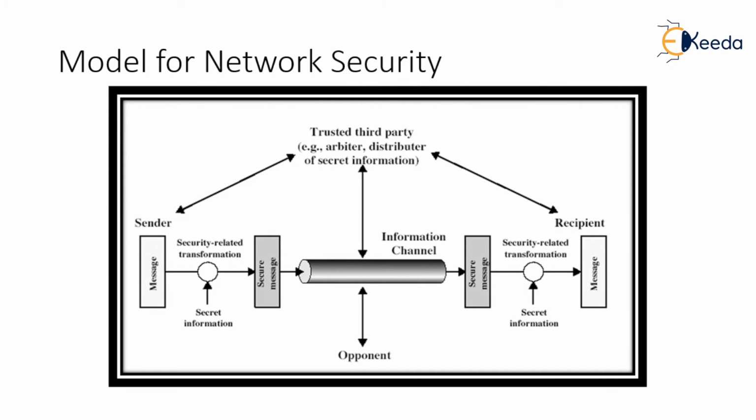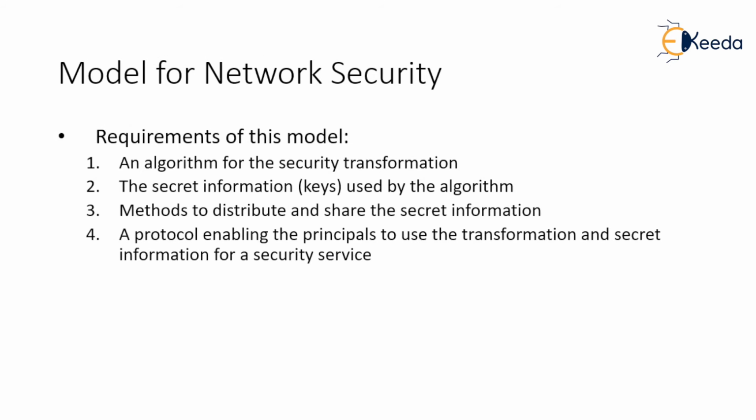For transmitting the data in a secured manner, encryption methods can be used for encrypting the messages. The secret information is shared among both entities which are communicating amongst themselves. So basically, this general model has some requirements which we will be seeing in the next slide.